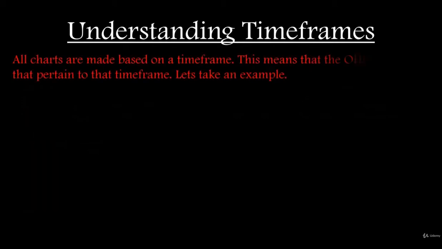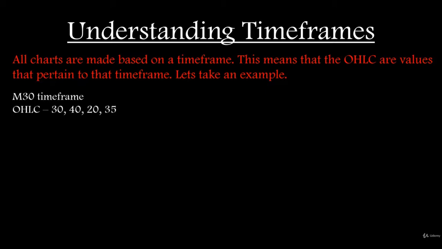Moving ahead, we want to understand how these time frames actually work, and what I'm going to do is take an example so that you have a very good idea how the independent time frames are working. We're going to take the M30 time frame for now, and the OHLC values are 30, 40, 20 and 35. Now in our previous lectures, we've seen how to create a candlestick based out of these OHLC values.